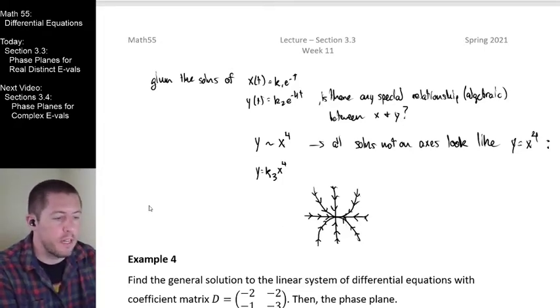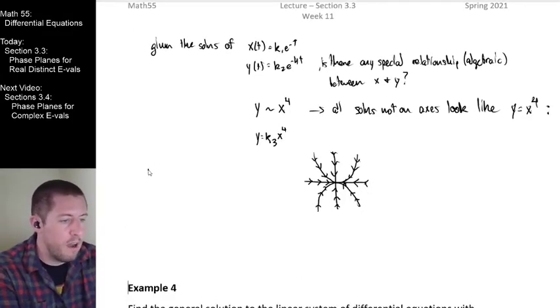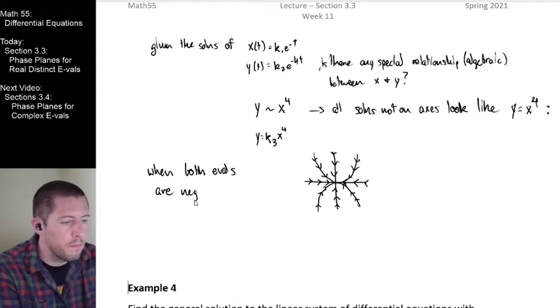And our goal, remember, is to classify. So I think I should make a classification statement that says when both eigenvalues are negative, we say the equilibrium at 0, 0 is a sink.